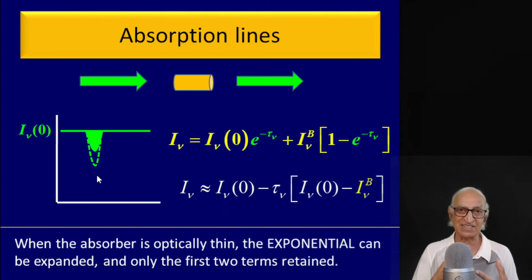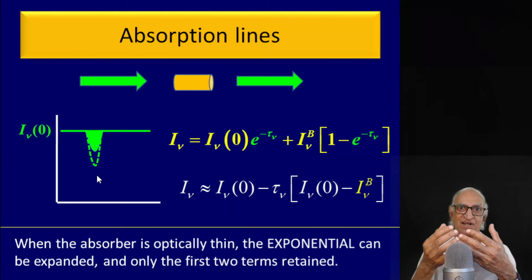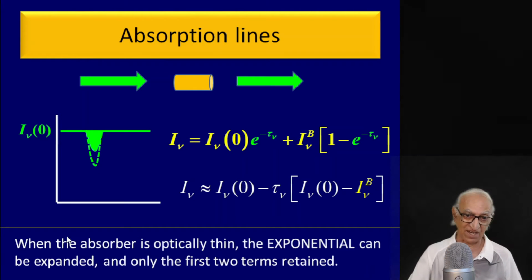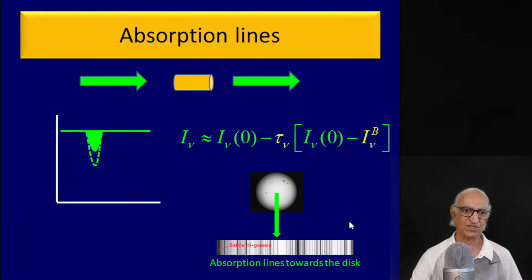Therefore, I am guaranteed that the brightness temperature I nu 0 is larger than the brightness temperature corresponding to the radiation emanating from the outer atmosphere. So that is how one must understand why when we look at the disk of the sun, you see absorption lines, whereas when you look at the limb of the sun where there is no background radiation, you see emission lines.